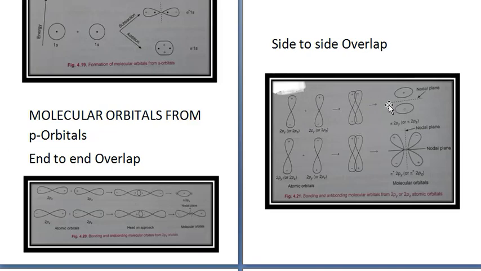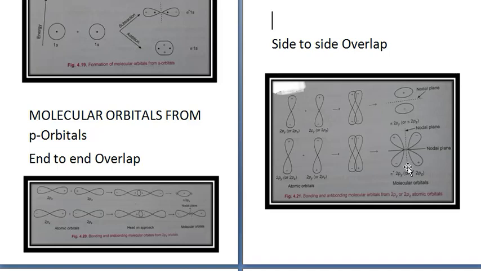So you will get pi 2py or pi 2pz in this way. These are the bonding orbitals when addition is there. In the second case, when overlapping takes place and subtraction is there, you will get pi asterisk 2py or pi asterisk 2pz, in which the nodal plane is in between like this. Here this is the nodal plane and in this case this is the nodal plane.